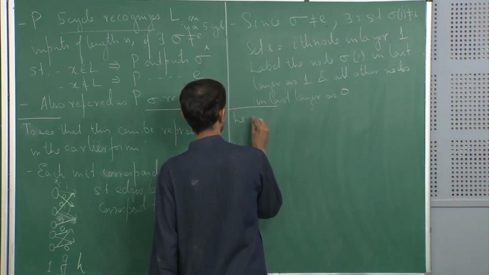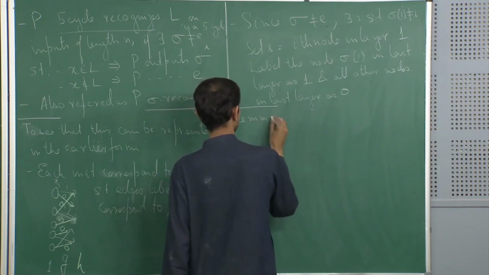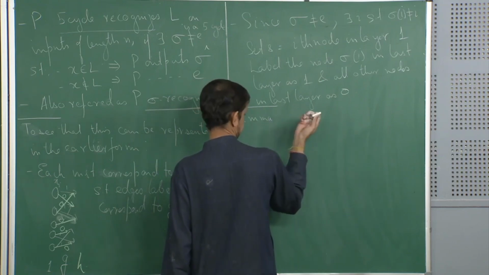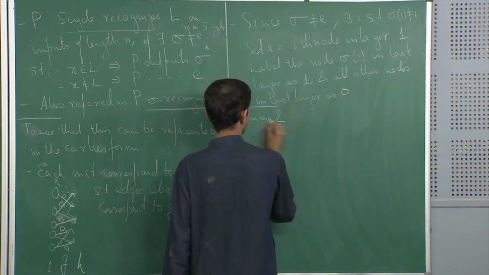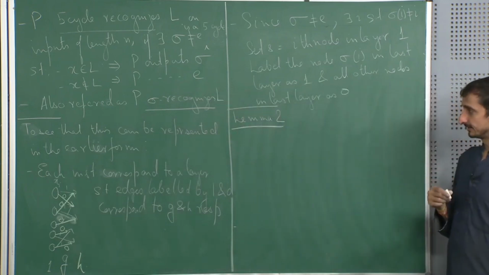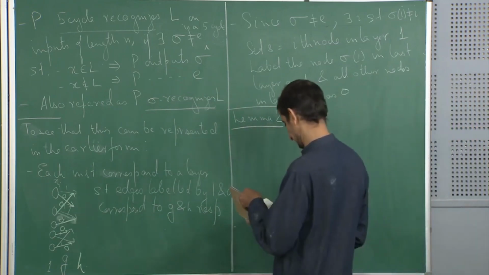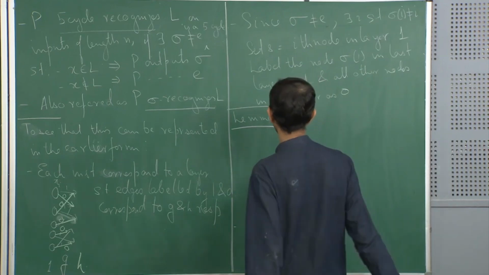So, to establish the theorem, we will prove two lemmas first, and these two lemmas are essentially just simple group theoretic ideas, nothing else. Okay.